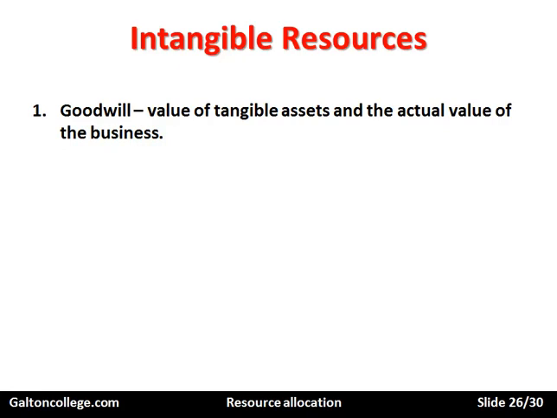You can count up all of the physical assets and you'll get a certain figure. But when the business is actually valued on the market, it's much higher. The difference between the higher price and the actual price for all the assets is known as goodwill. That's what the business has built up.